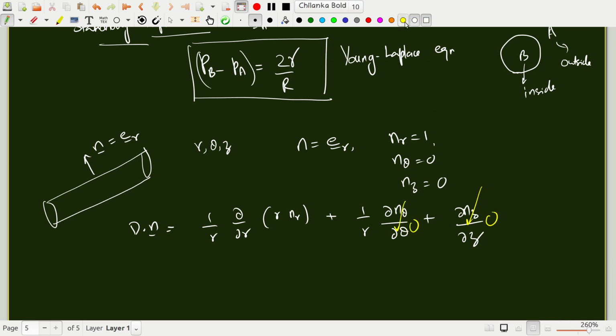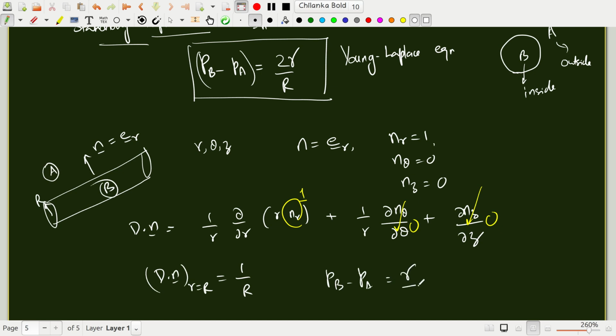And nr is 1, so partial r of r is 1. So if I evaluate del dot n at r equal to R, which is the radius of the cylindrical object, then I'll get simply 1 over R, and here if I call this b and this a, then pb minus pa is simply gamma by R for an infinite cylinder.